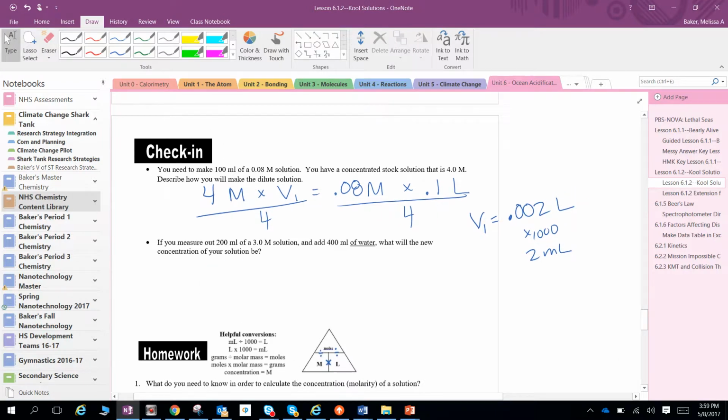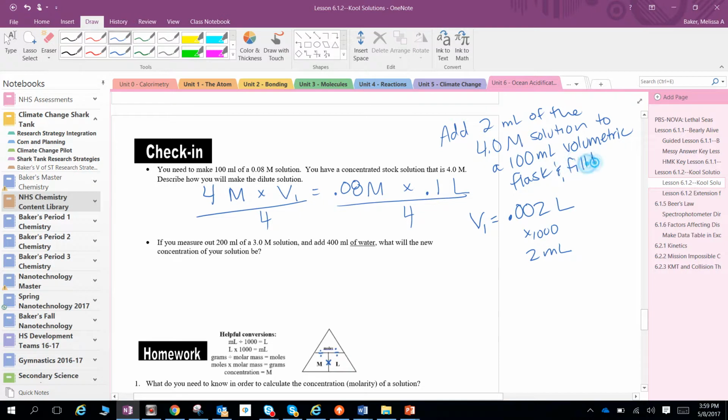So I'm not done yet. Describe how I would make this solution. I would add 2 milliliters of the 4.0 molar solution to a 100 milliliter volumetric flask and fill to the line with water.